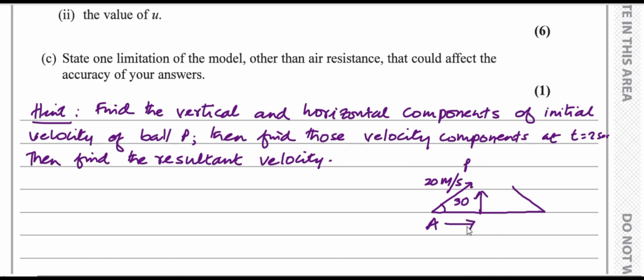This horizontal component will be ux, and the vertical component will be uy. Okay, horizontal component of this will be 20 cos 30, and vertical component of this velocity will be 20 sin 30.